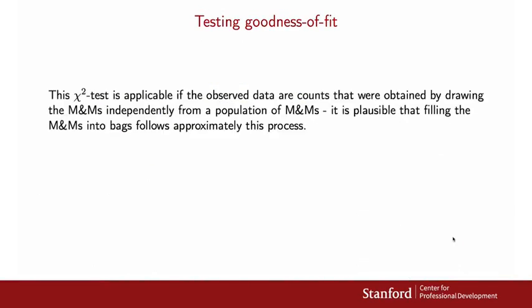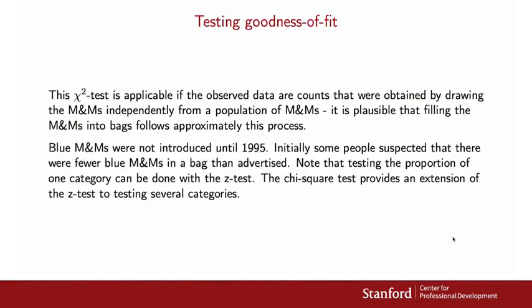The assumption of the chi-square test is that the observed data are counts that were obtained by drawing independently from a population. It's plausible that filling a bag of M&Ms roughly corresponds to this process. As an interesting fact, the blue M&Ms were not introduced until 1995.